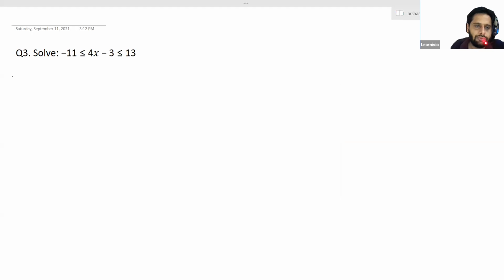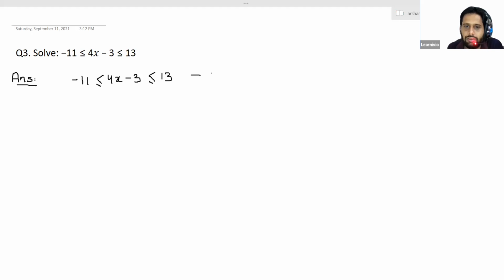So in these types of questions, what we need to do: -11 is less than or equal to 4x minus 3, less than or equal to 13. In these types of questions, we need to focus on the part which has the variable. First of all, we need to remove this -3.